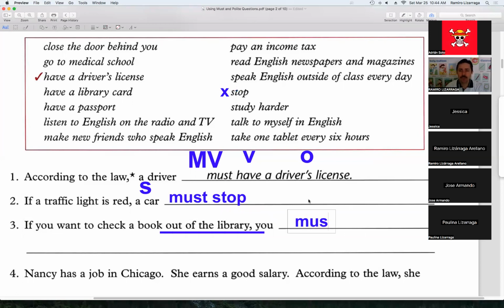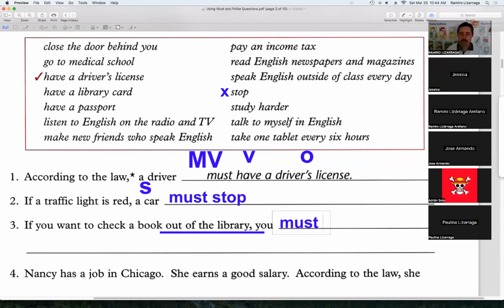You must have a what? What do you need? Adrian? You must have a library card. Yes. You must have a library card. Library card. Very good, yeah.